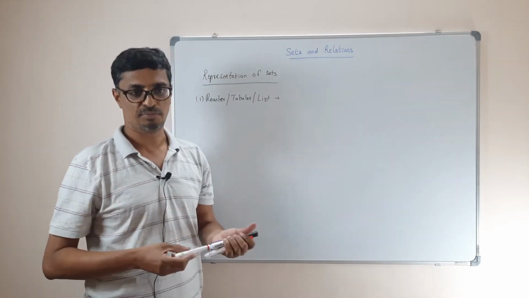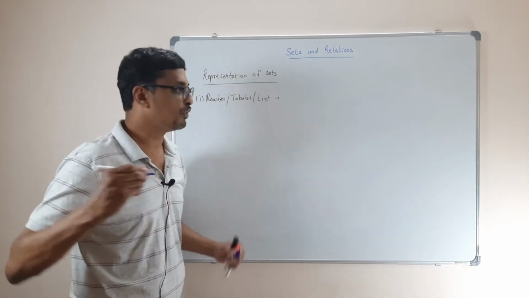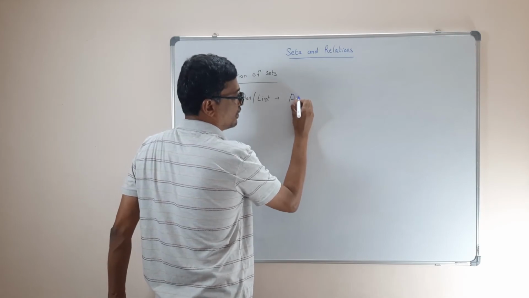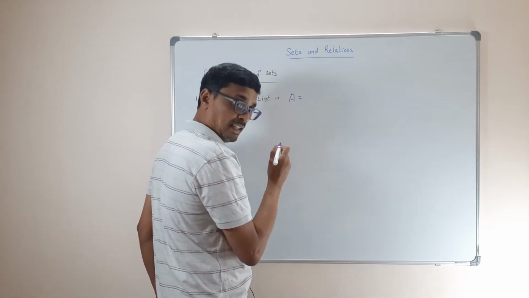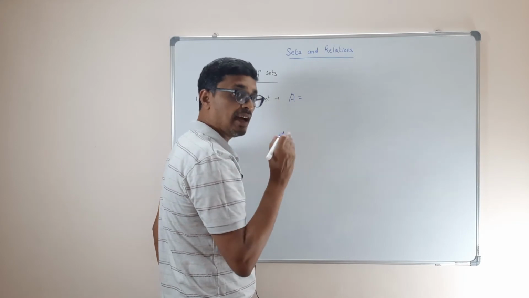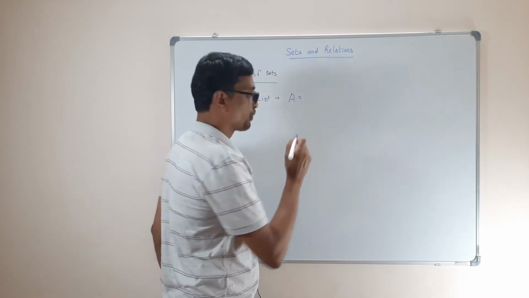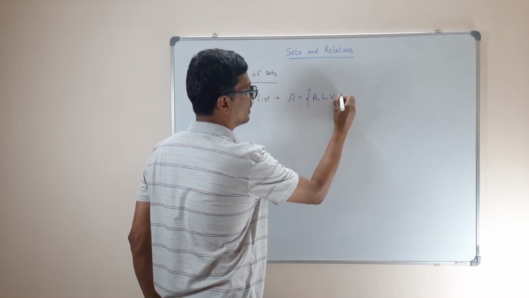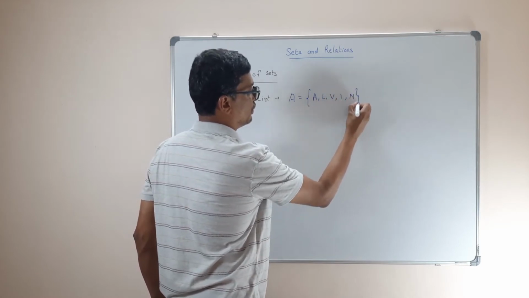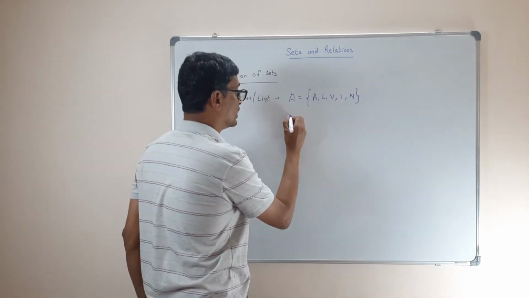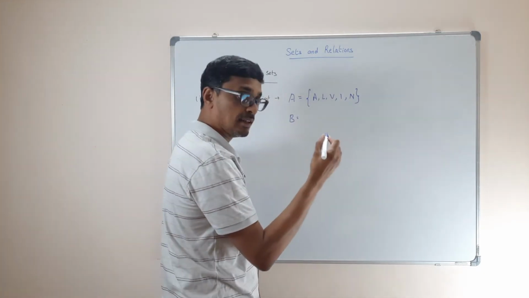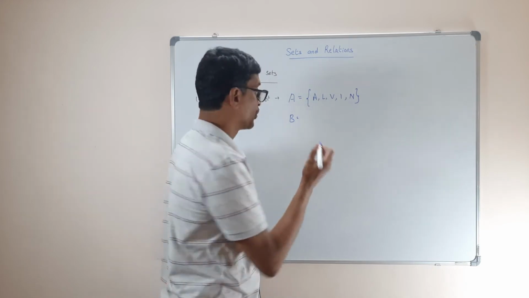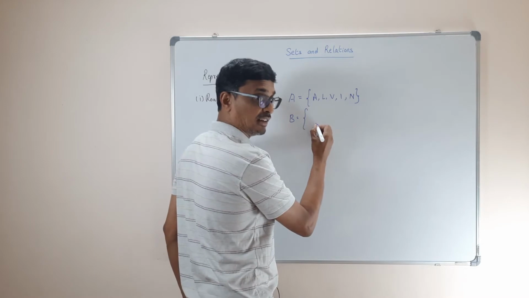Suppose the alphabets in your name. Let me name the set as A. So A is a set which contains the alphabets in your name: A, L, V, I, N. Now I have another set, B. B is a set which contains the alphabets in your surname, Sahayanathan.